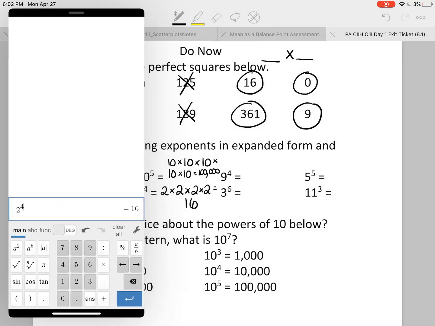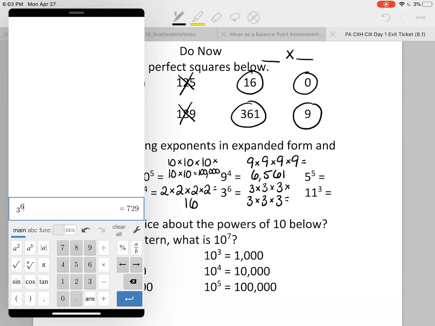9 to the power of 4 would be equal to 9 times 9 times 9 times 9. And 9 to the power of 4 is 6,561. 3 to the power of 6 is 3 times 3 times 3 times 3 times 3 times 3.